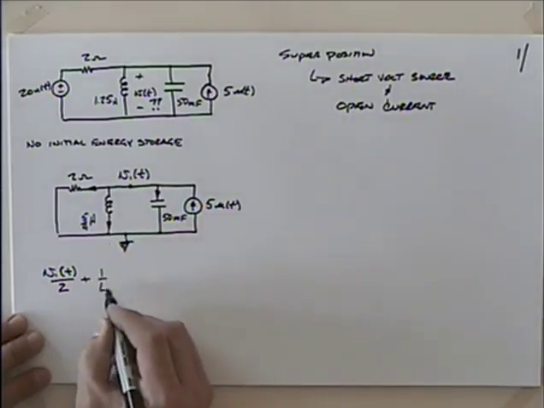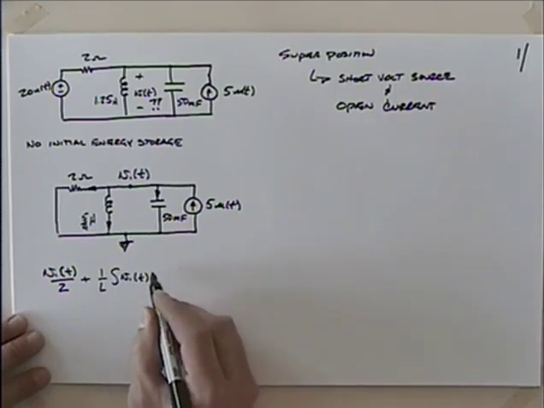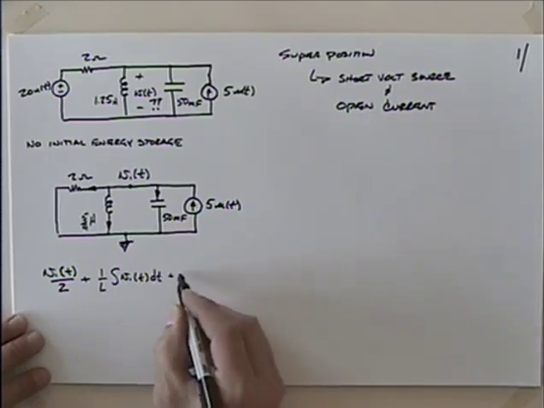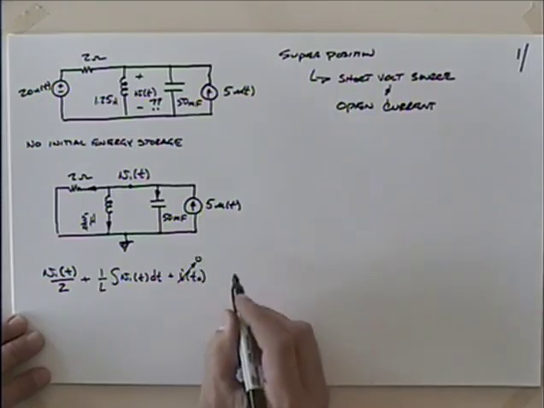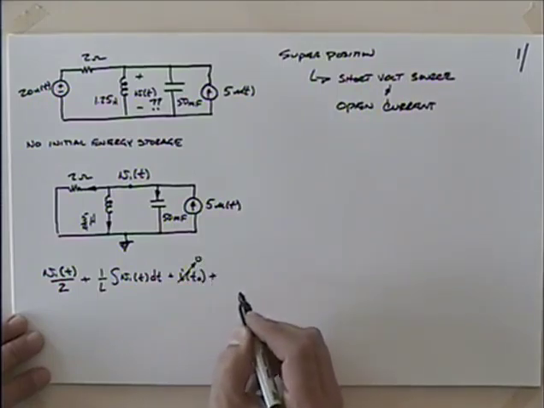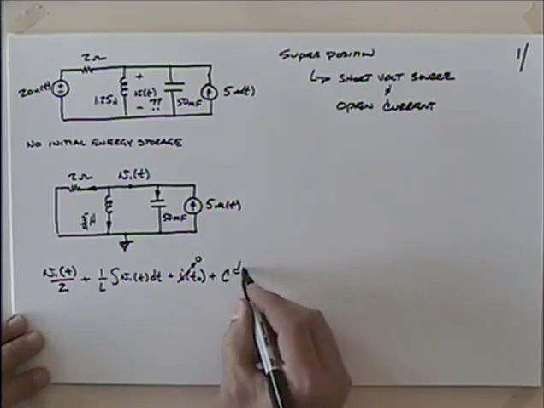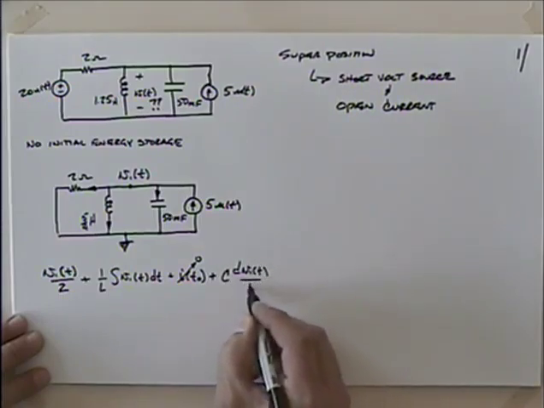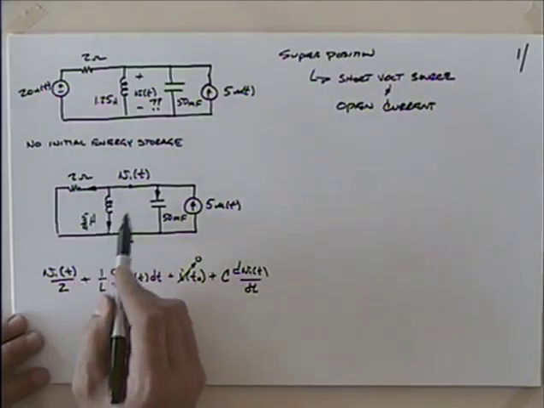That's 1 over L times the integral of V1 of t dt plus I at t naught, which with no initial energy is 0. Plus, what's the current through a capacitor? That's C times the derivative of the voltage, dV1 of t dt.